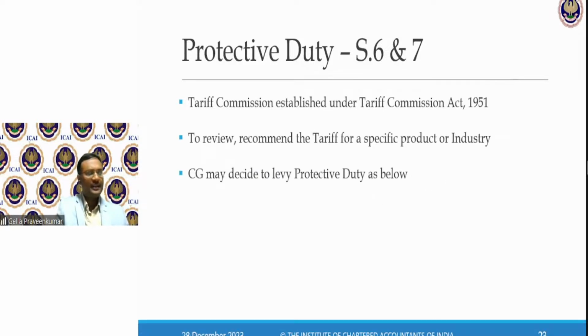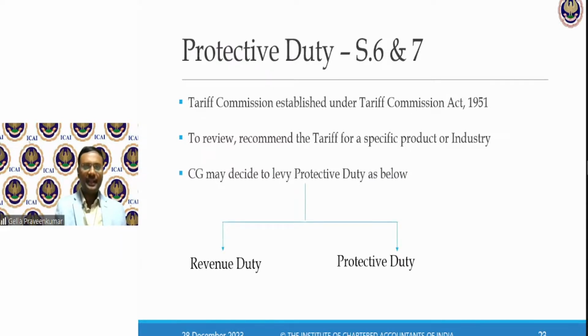Section 6 and 7 of Customs Tariff Act have a reference made to protective duty. Now, there is a reference of Tariff Commission established under Tariff Commission Act. Tariff Commission is a composition of a group of people where they examine the industry, they examine the product, and wherever they feel that there is a loss of revenue which is happening, then a recommendation is made by this Tariff Commission to augment revenue.